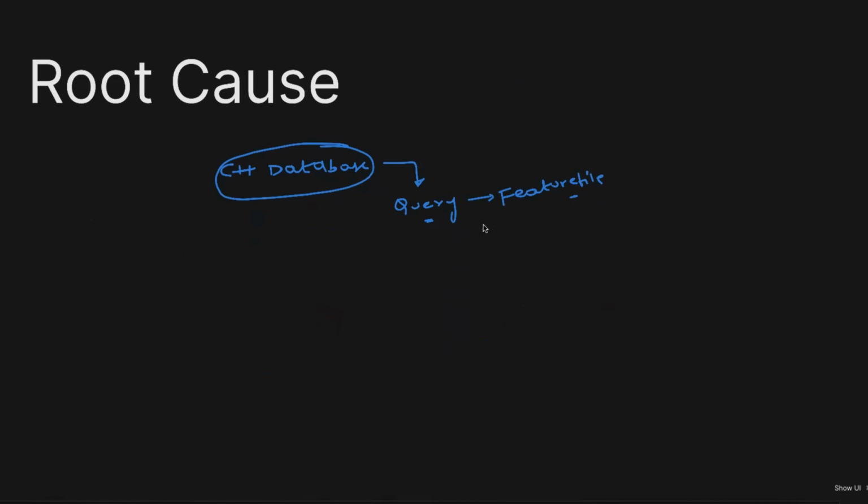Something like feature A duplicate, feature B duplicate, feature C duplicate. So basically, the feature file doubled in size, right? Because of the DB permissions, the query doubled the entries in the feature file, and that doubled the size of the feature file. Okay, but what happened because of that?